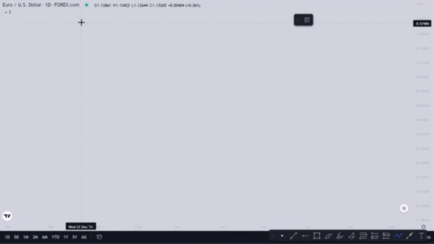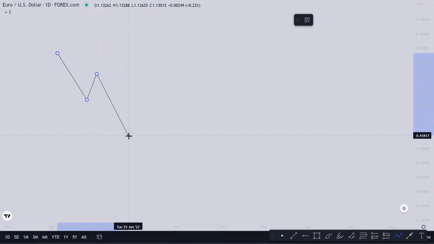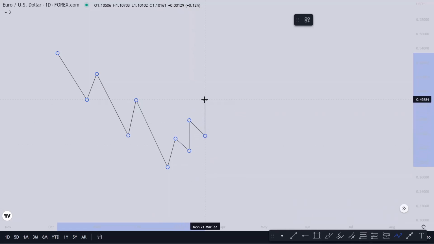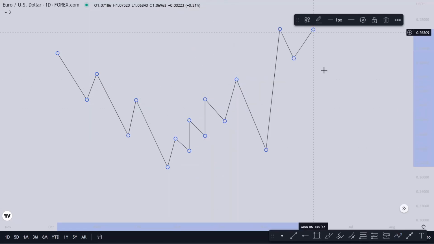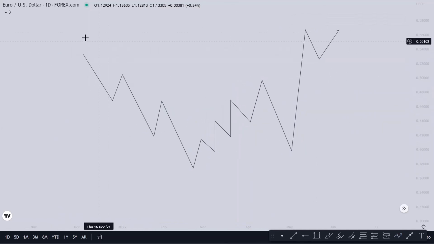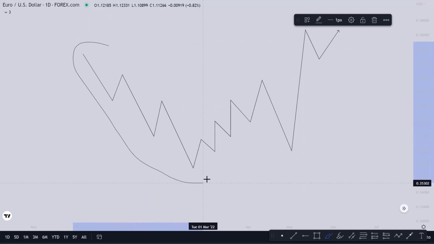Unlike that scenario, let's say we were going down like this, and then from this point, we were making higher highs. So we have this impulsive move right here, making lower lows, and then at this point, we were changing the direction.